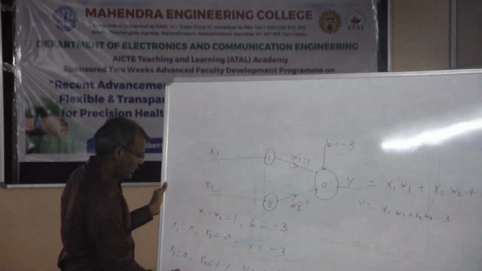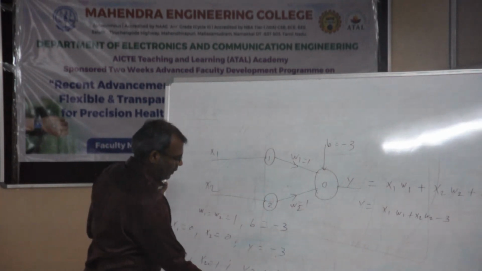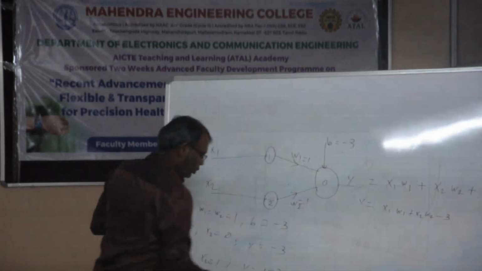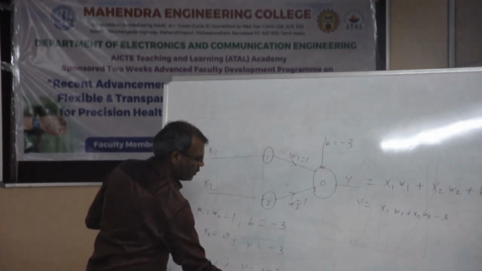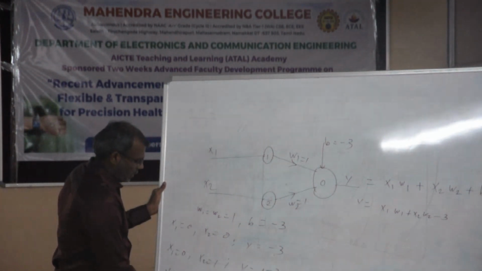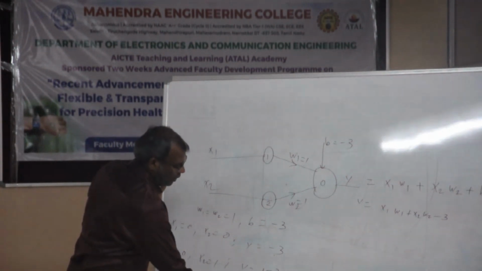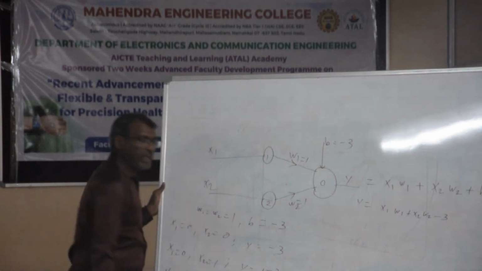Now x1 is equal to 1, x2 is equal to 0. What is y? x1 is 1, W1 is 1, so you get 1 minus 3, again minus 2. Then x1 is equal to 1, x2 is equal to 1. What is your y? 2 minus 3, you will get minus 1.